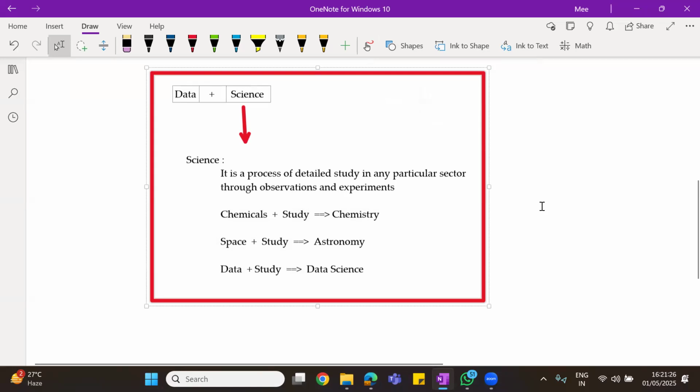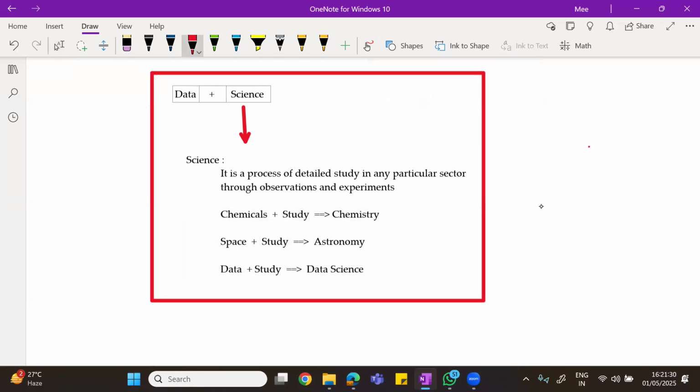You started studying today, that is 1st of May. You started studying chemicals, kept track of yourself, and did a detailed study for the next 1 year, until 30th of April of 26.